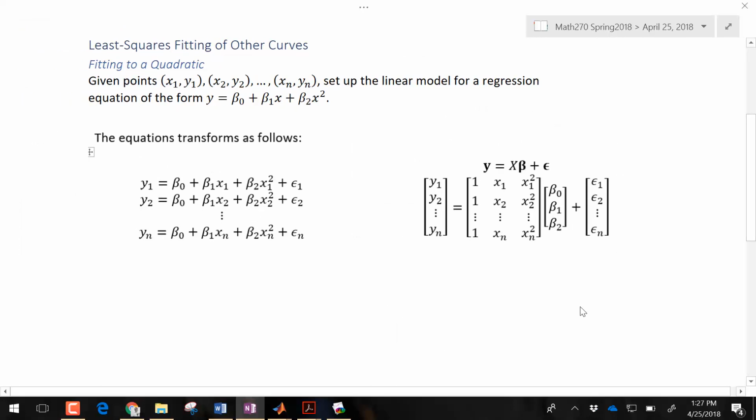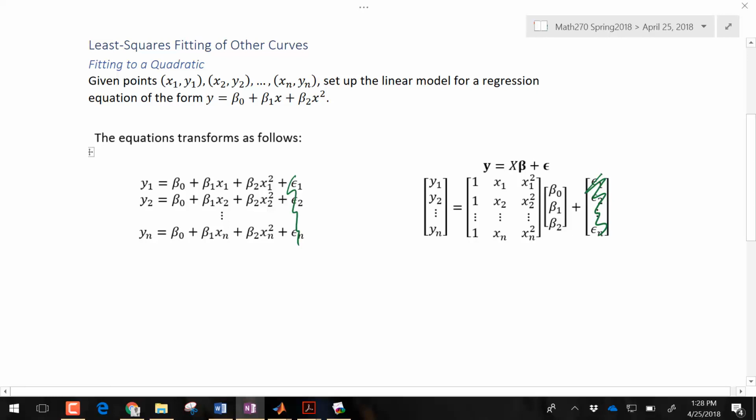So our design matrix would look like this. Now we can kind of just ignore the epsilon for the sake of dealing with our problems because we know that we're probably not going to get the exact solution. But this is still linear, in the sense that the variables that you're looking at, the betas, are not being squared.